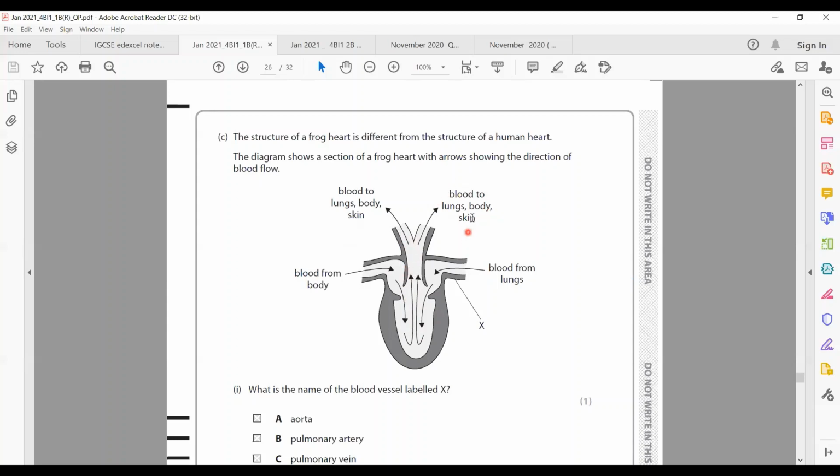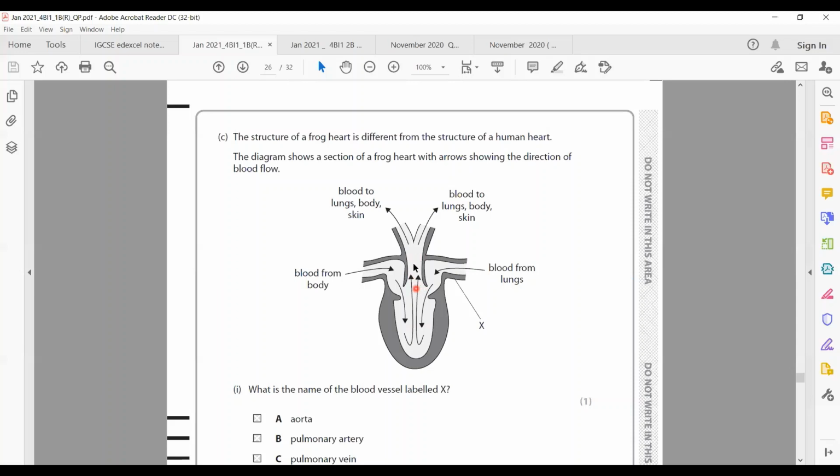And the body together with the skin will receive both types of blood. So here I have less oxygen, and so less gas exchange. So less oxygen will reach the cells, of course. That's why there is less energy.